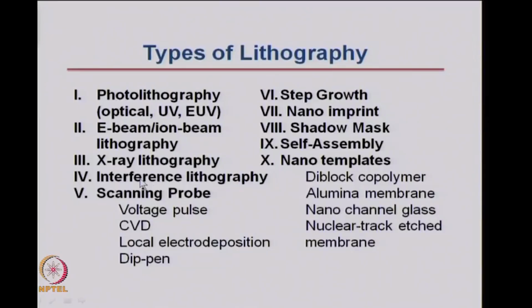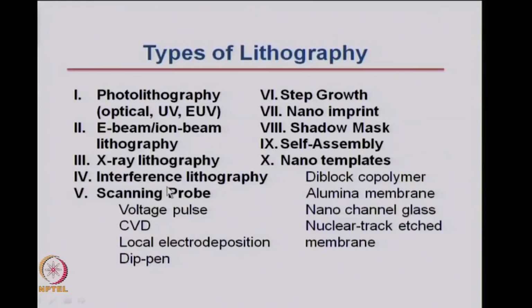Then you have techniques called interference lithography. From the term interference, you can understand that there will be a mixing of waves. That means you may have constructive or destructive interference of two beams, and that can be used to generate patterns, and so that is called interference lithography.